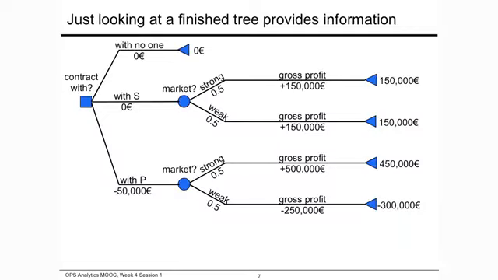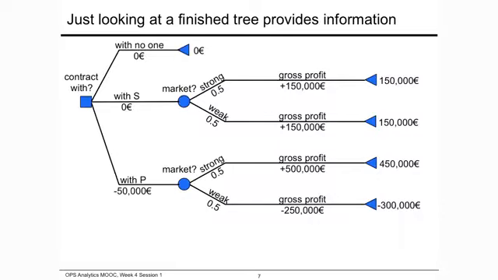Finally, if IDEA orders from supplier P, if the market's strong, IDEA earns a net profit of 450,000 euros with probability 0.5. And with probability 0.5, the market's weak, and IDEA would lose 300,000 euros. So you can see that ordering from supplier P has a chance of making the most money, but it also has the chance of the largest loss.